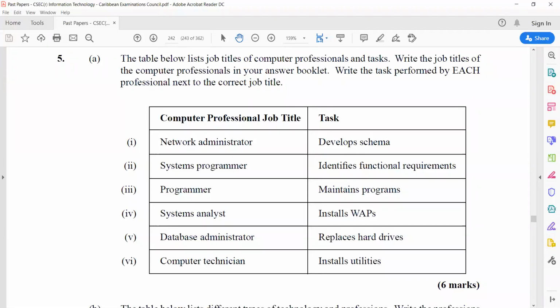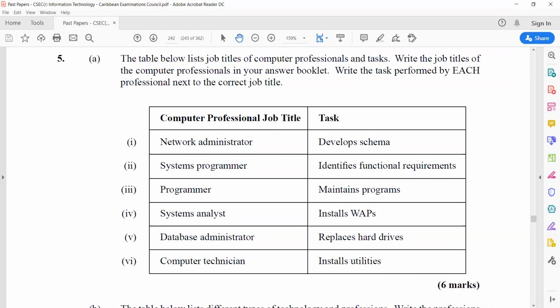Who would do that is generally a systems programmer, someone programming your desktop or installing applications on your desktop. A programmer in the general sense would maintain programs, so if they write a program in Java or Pascal, they would maintain it. That's where the programmer would be more applicable to that job role.